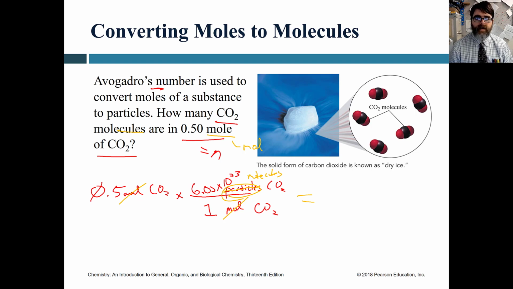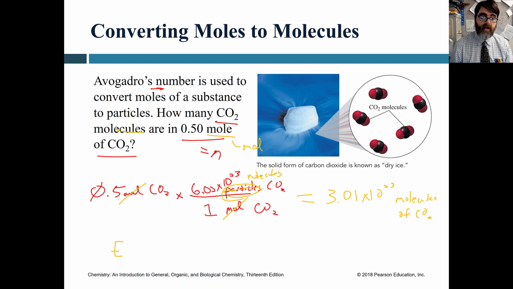At this point, punch into a calculator, and we have 3.01 times 10 to the 23 molecules of CO2. I'm going to cut in a video clip here to show how to punch that into the calculator. I'm going to try to remind you of that E thing. For doing powers of 10, it's essential that you type it in that way in the calculator.